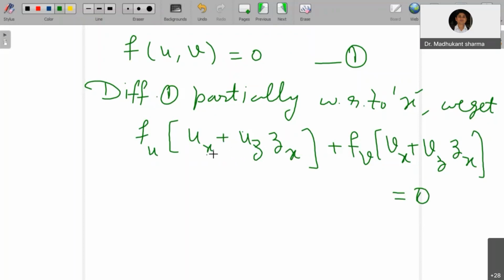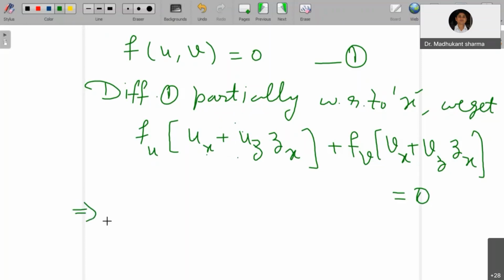So ux times dou x by dou x: the partial derivative of x with respect to x is 1. For u with respect to y, the partial derivative of y with respect to x is 0, since y is the independent variable. That's why the second term is not here.